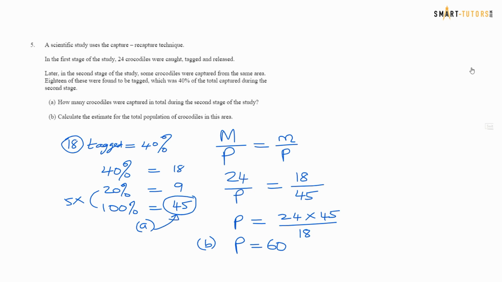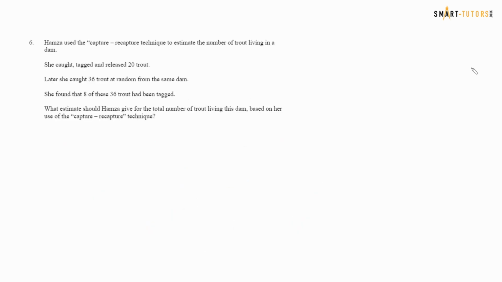Question number 6. Hamza used a capture-recapture technique to estimate the number of trout living in a dam. She caught, tagged, and released 20 trout. So 20 over the population, we don't know. Later she caught 36. Out of 36, 8 of them were tagged. So 8 over 36. What estimate should Hamza make based on her capture-recapture technique?